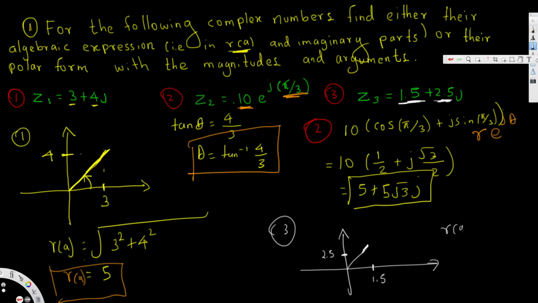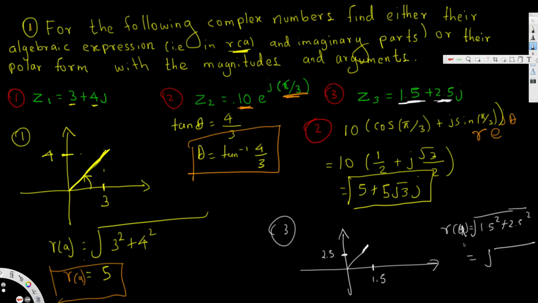To calculate the length, we can use the Pythagorean theorem. RA is equal to the square root of 1.5 squared plus 2.5 squared.